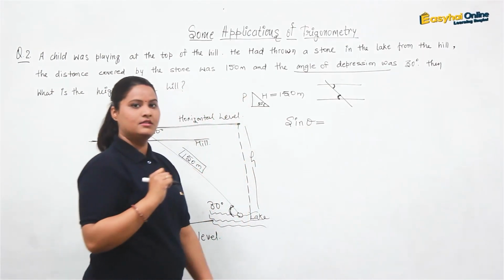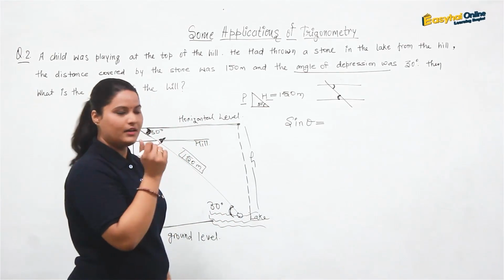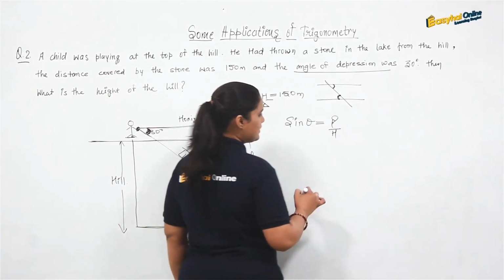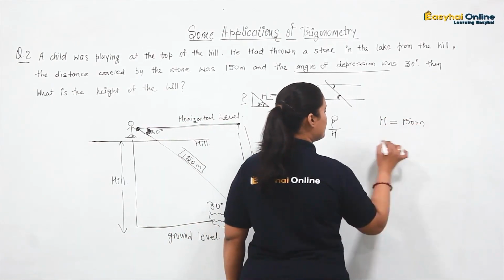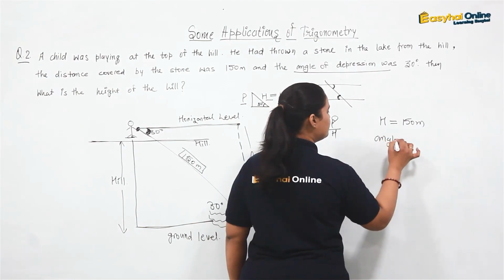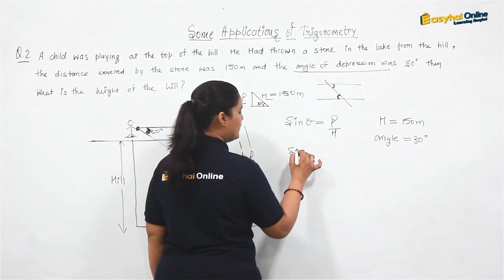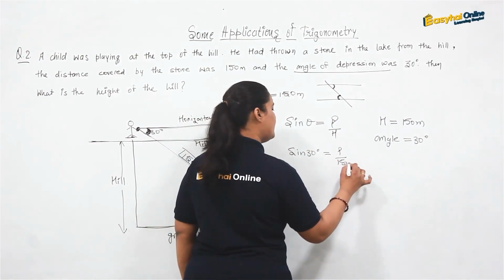Again sin theta, because we have to take hypotenuse and perpendicular. Sin theta is equal to perpendicular upon hypotenuse. Hypotenuse is 150 meter and theta is 30 degree. So sin 30 is equal to perpendicular upon 150.